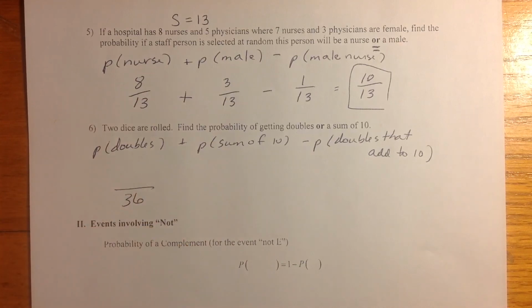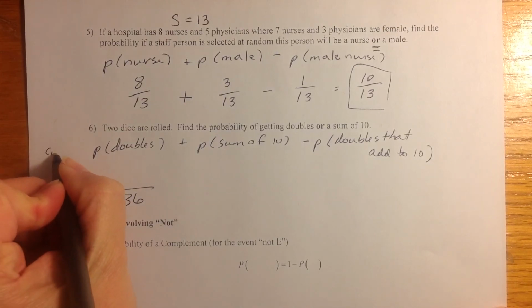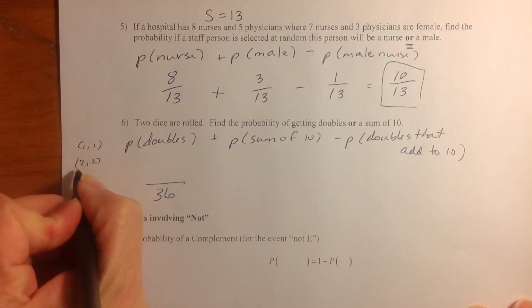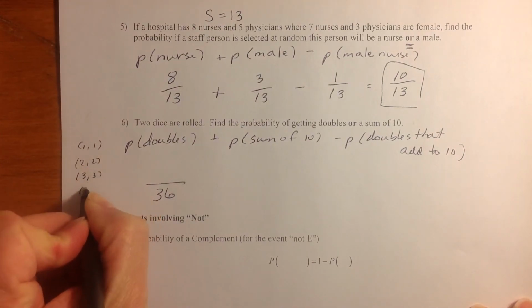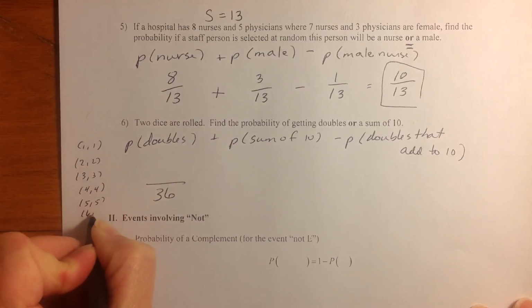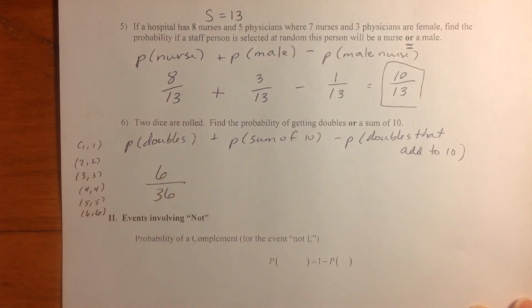Now what are the doubles? 1, 1, 2, 2, 3, 3, 4, 4, 5, 5, 6, 6. So we have 6 ways of getting doubles.